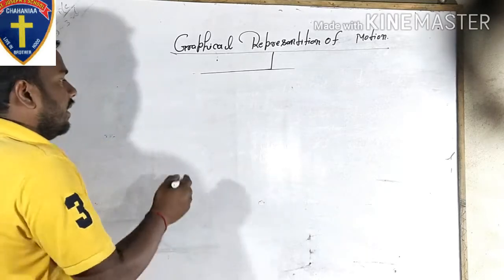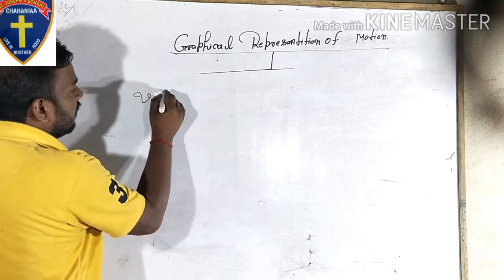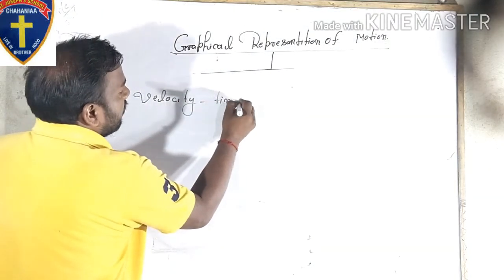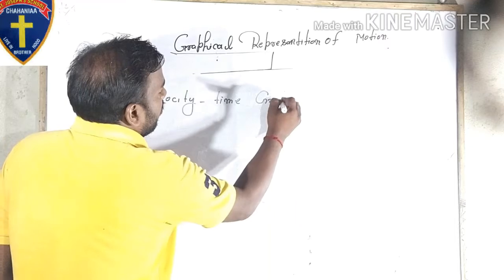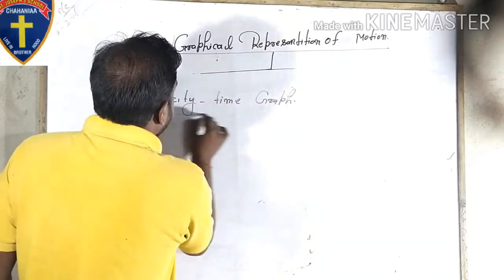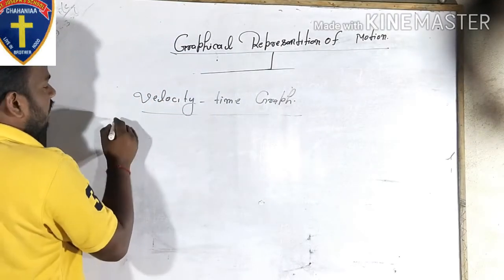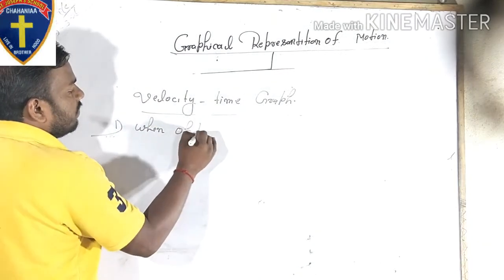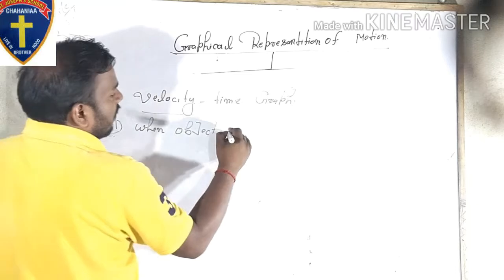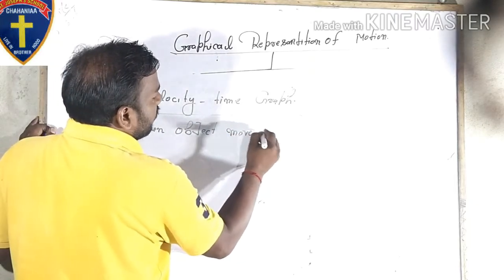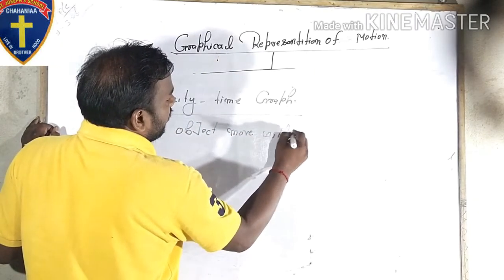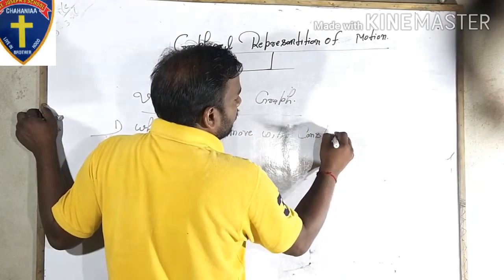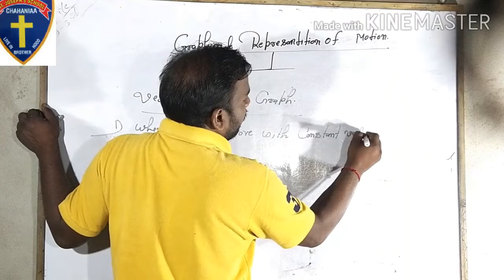Now we start the next topic, the velocity-time graph. Same condition here: when an object moves with constant velocity.